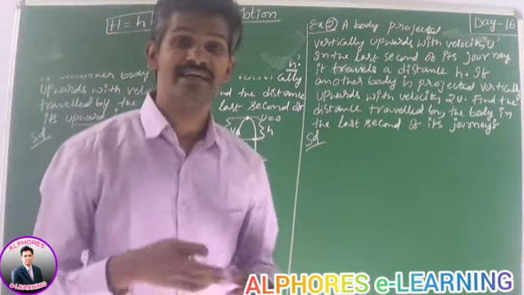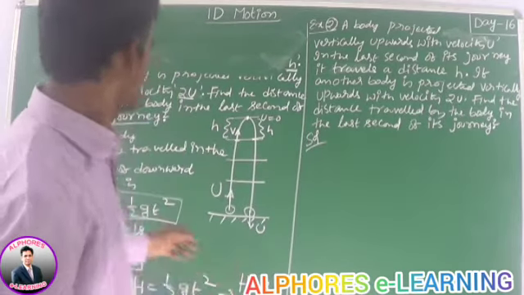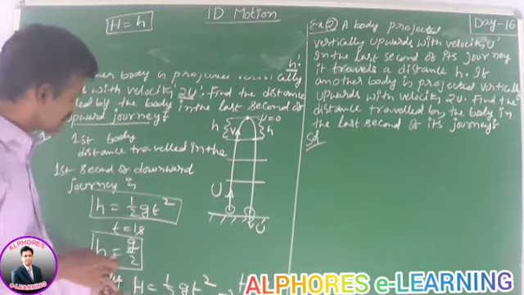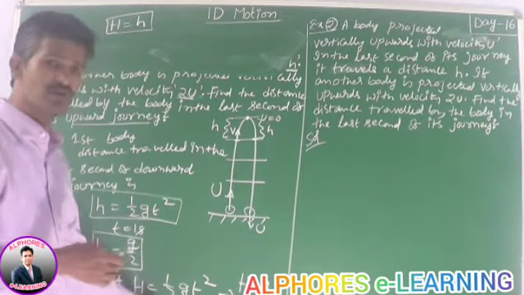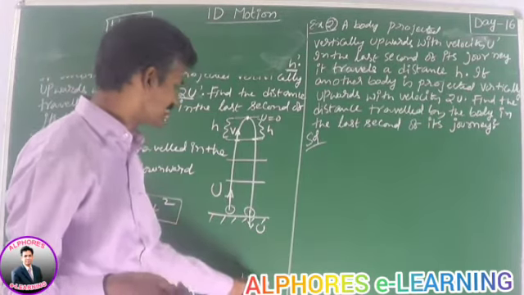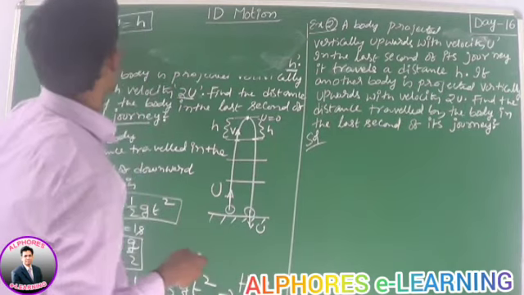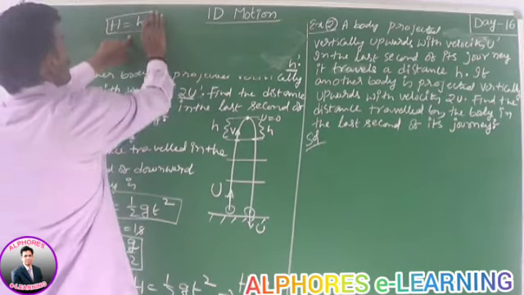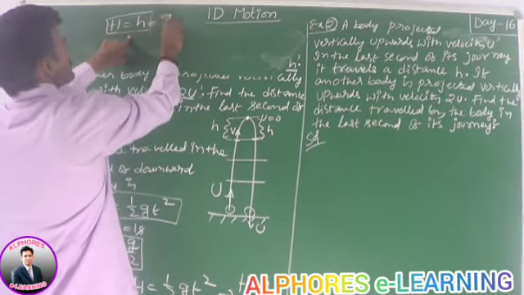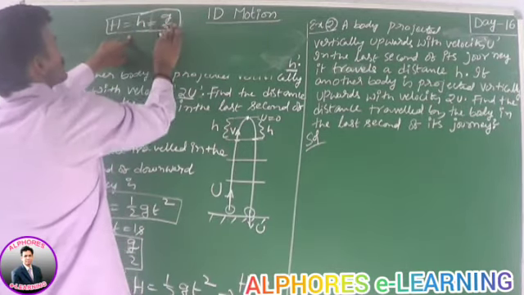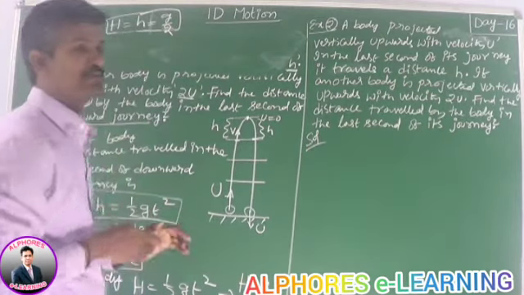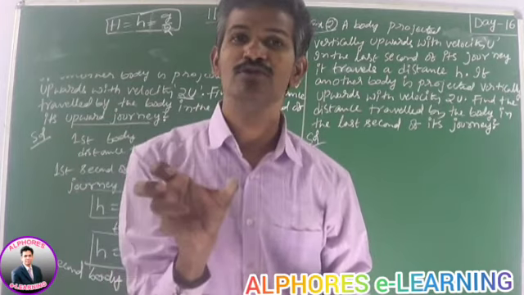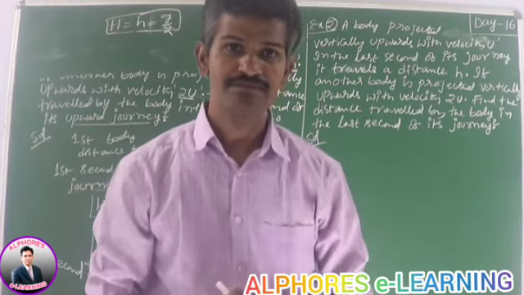In this equation, initial velocity is not involved. So this equation is independent of initial velocity. So I consider the second body also, that is also half g t square. Again, t is equal to 1 second. My capital H is equal to again g by 2. So I can conclude that capital H is equal to small h, and these two are equal to g by 2. So whatever be the initial velocity, in the last second of its upward journey, every body travels a distance equal to g by 2 meters. Okay.